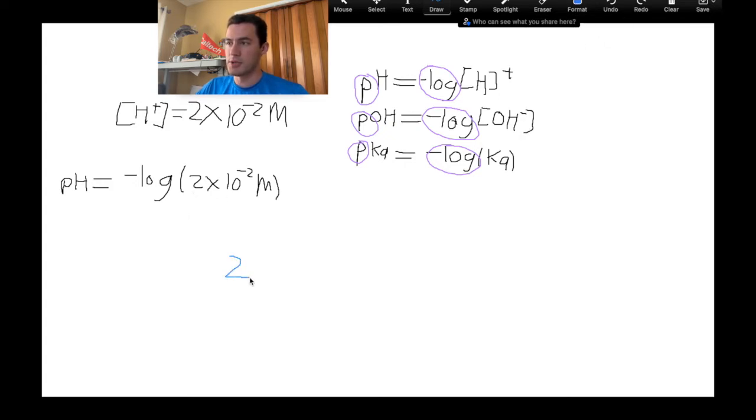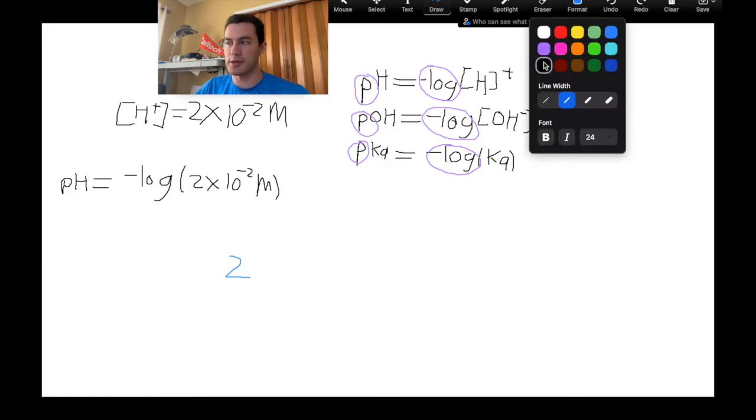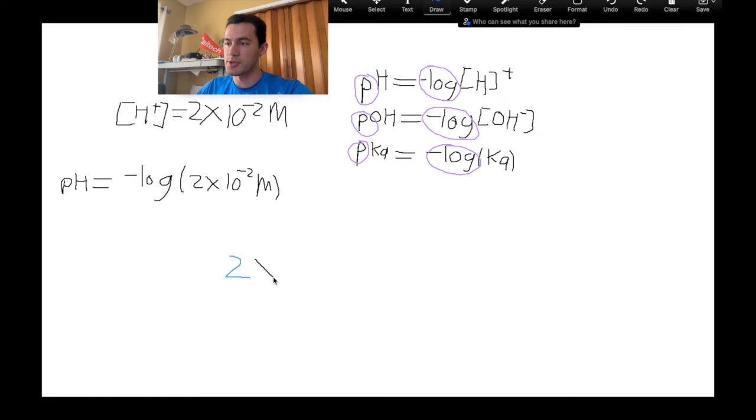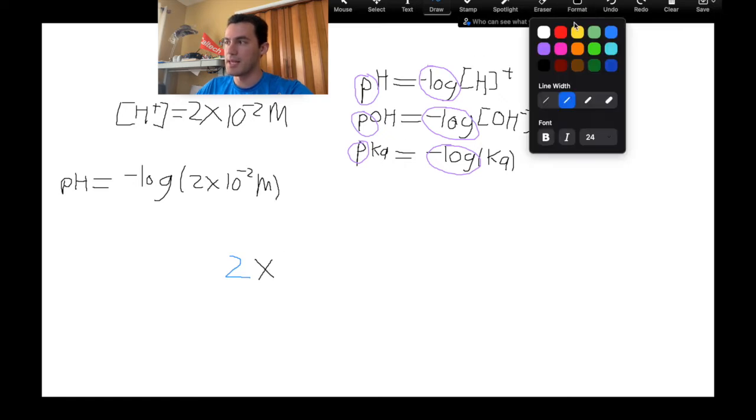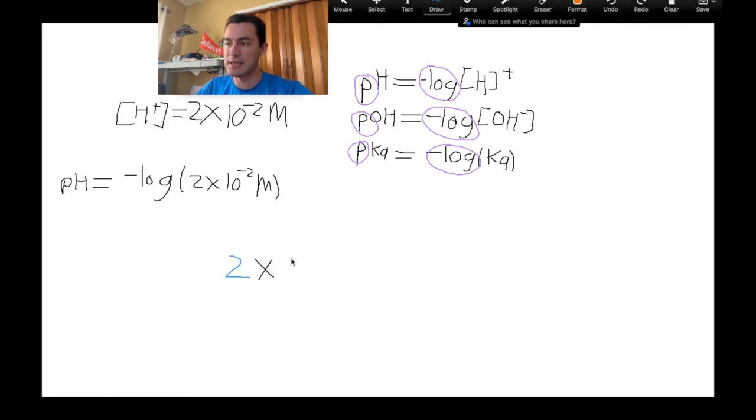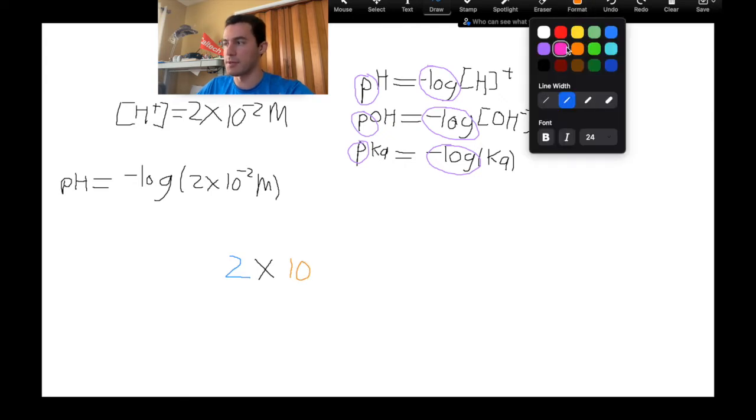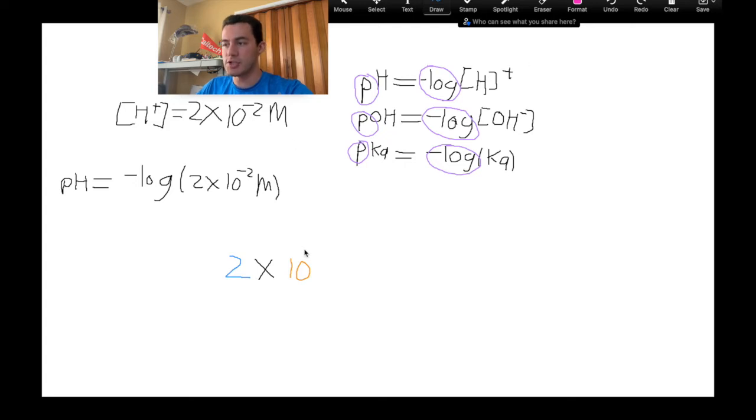I'm going to color code the 2, which is the coefficient. It's the thing that comes before the exponent. So 2 times, and I'm going to put the 10 in orange. That's the base of the exponent. And then the negative 2 is the power to which the base is being raised.